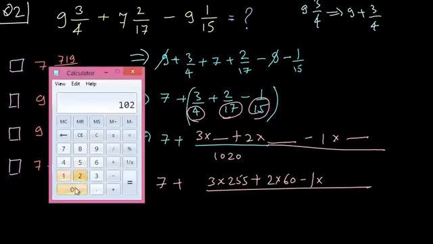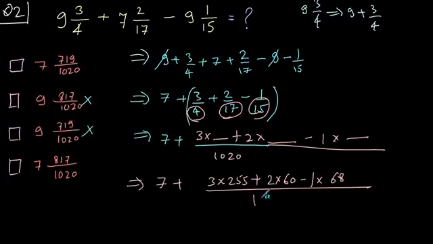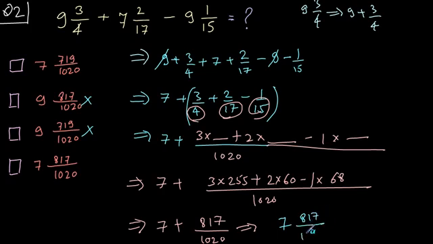So 1020 divided by 15 is 68. Now if you solve this completely, you get the answer 817 by 1020, which comes out as 7 817 by 1020. So the answer here is option number D.